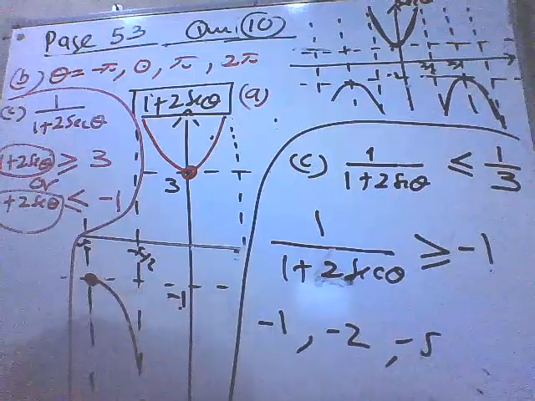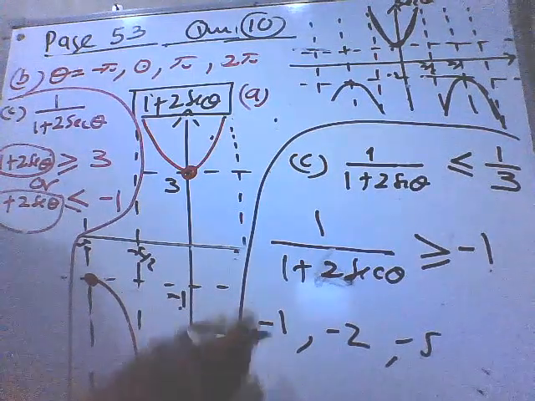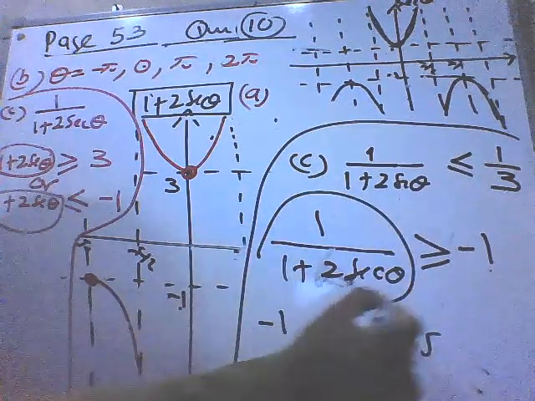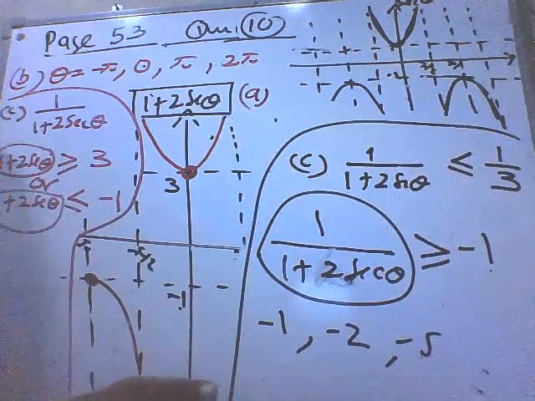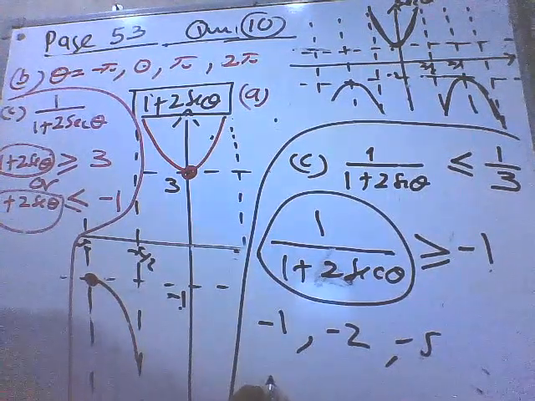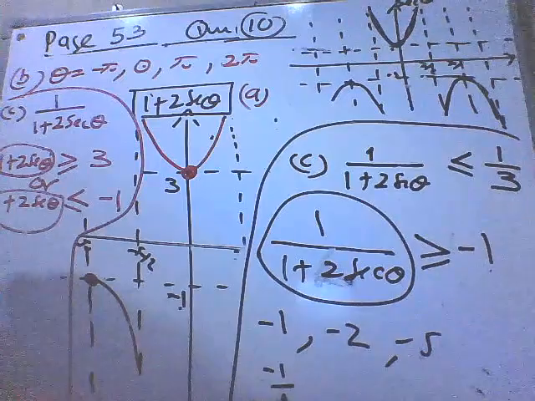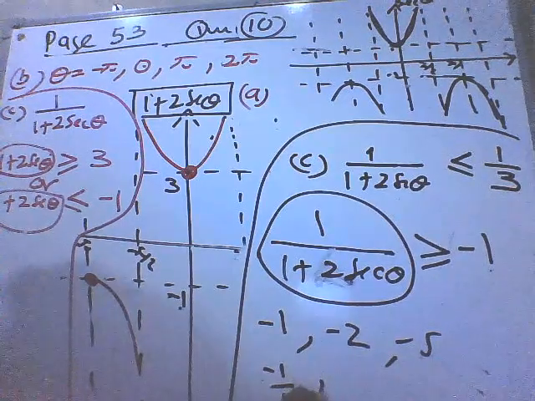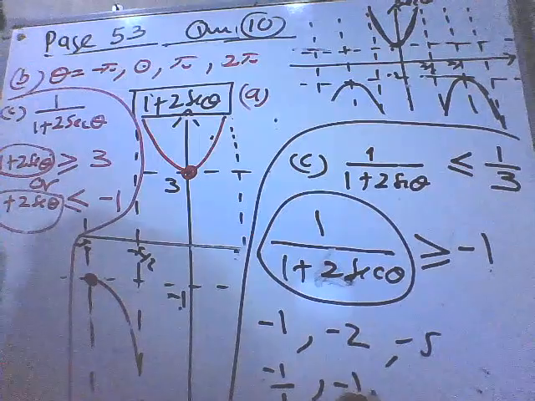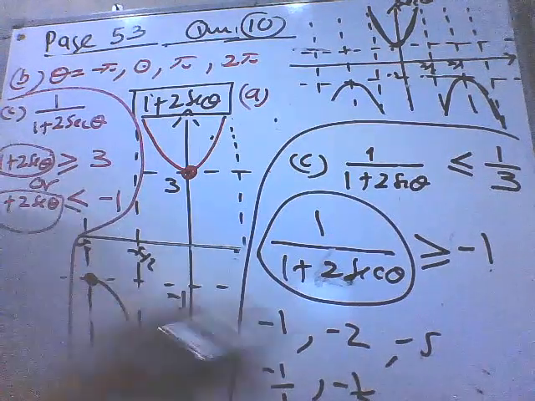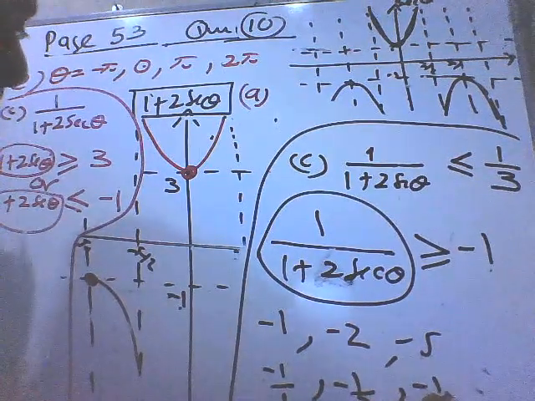It keeps on reducing. But if you think of the reciprocal of this, it will be minus 1 over 1, that means minus 1. And when it becomes minus 2, it will be minus half, and then minus 1 over 5.